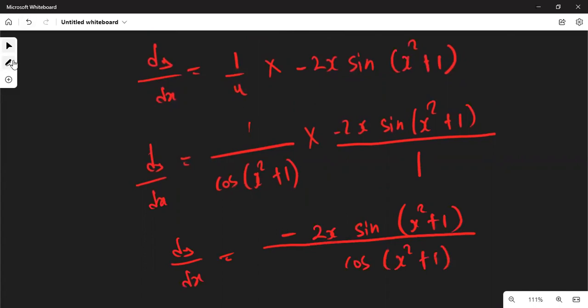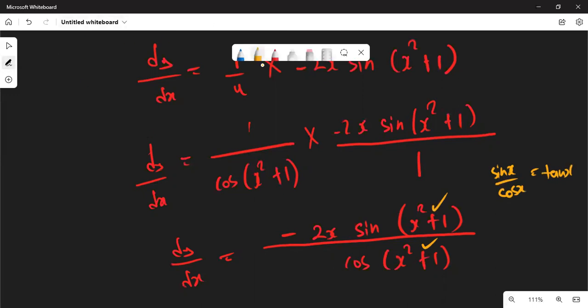And these two here have a great relationship. Remember the relationship of sine and tan, that we know that sine x over cos x gives us tan x. So that means here we've got x squared plus 1, x squared plus 1. So this is going to be tan x squared plus 1, just like what we have there.